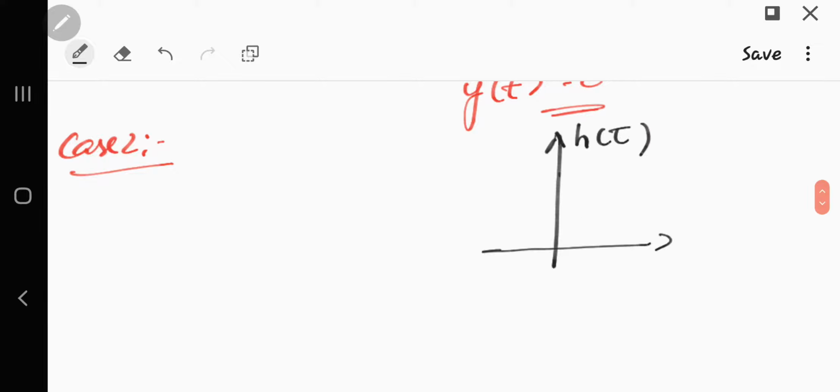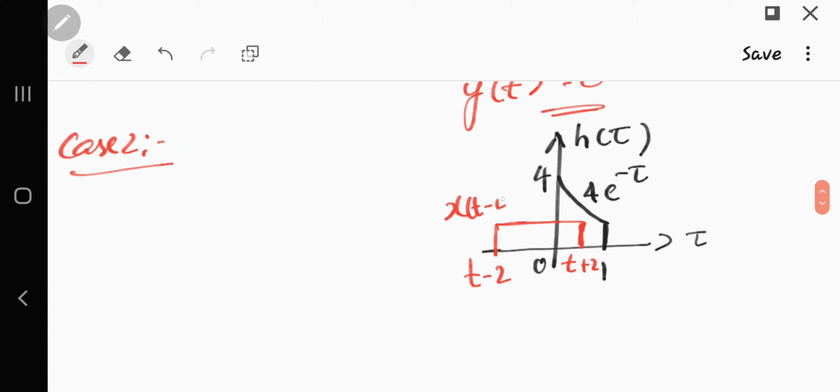So h of tau, and I want to keep the amplitude as 1, and it is the signal which is varying from t minus 2 to t plus 2. So this is x of t minus tau with amplitude 1. I can see this part. This is the overlapping region.